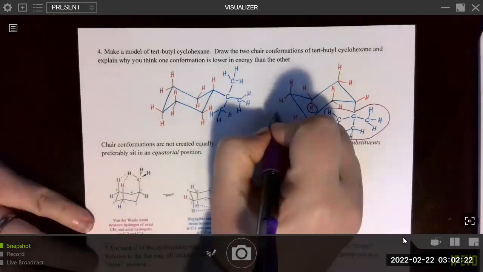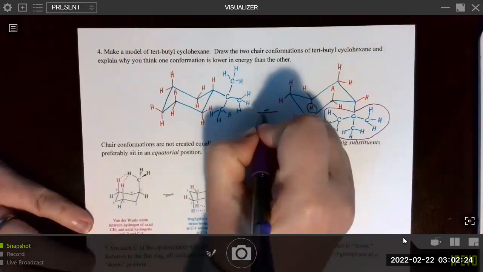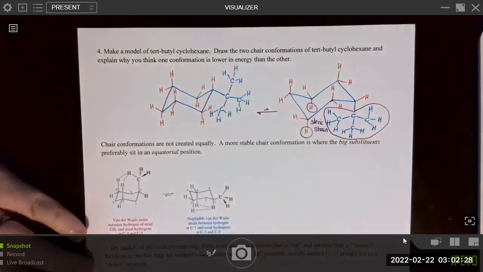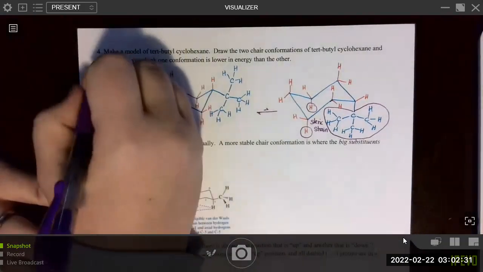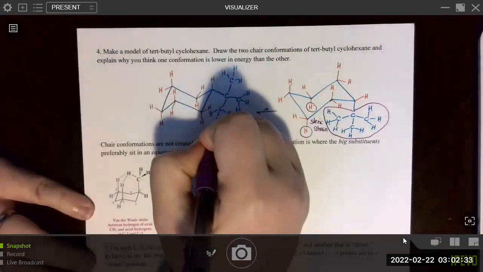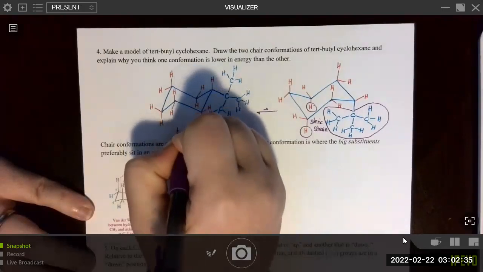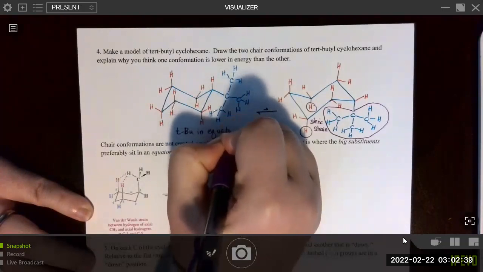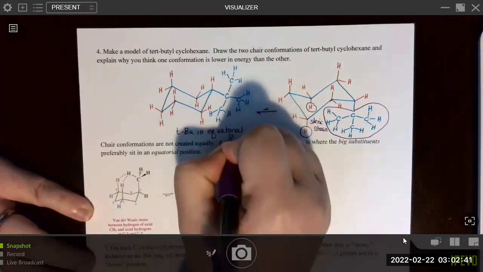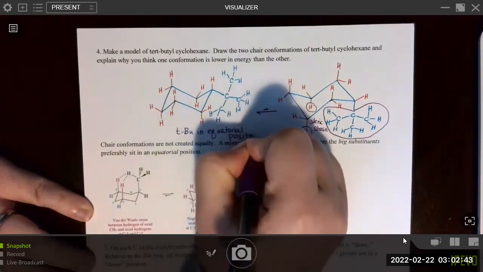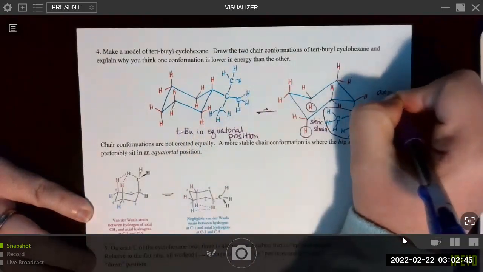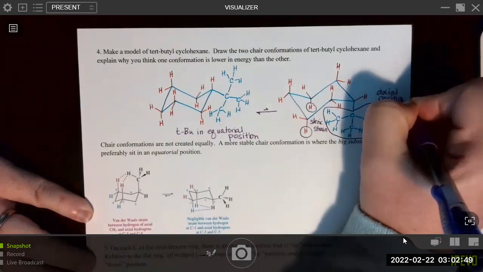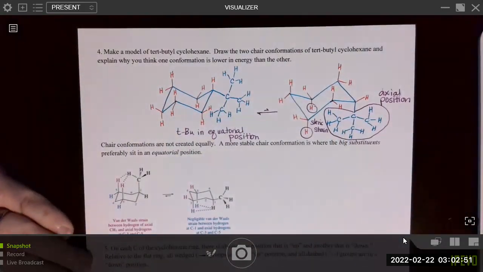Right, so definitely the favored conformation is the one where the tert-butyl is in an equatorial position. Just go ahead and add that in.